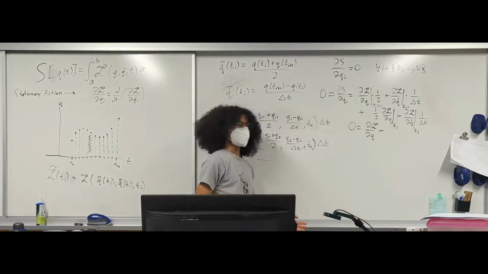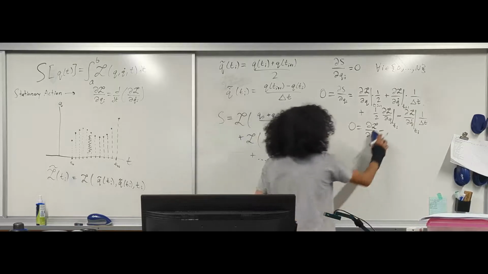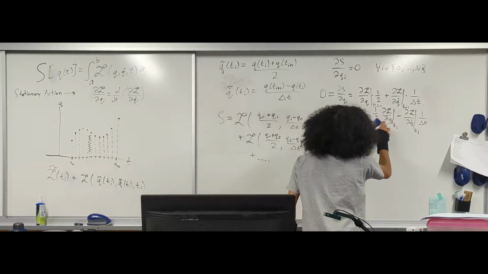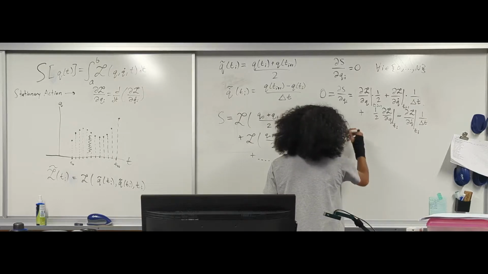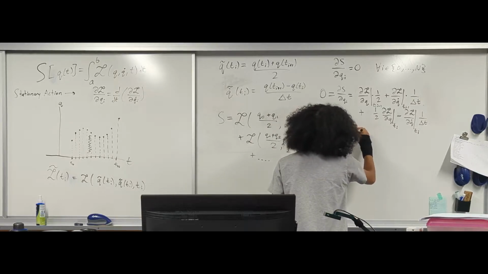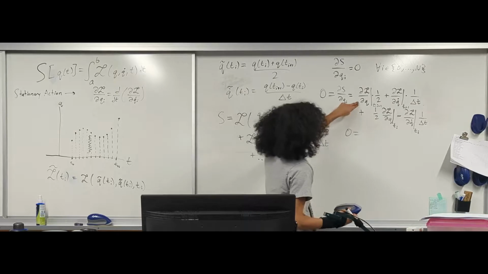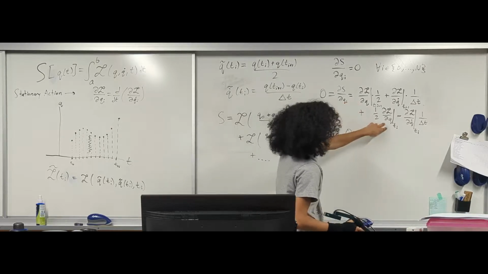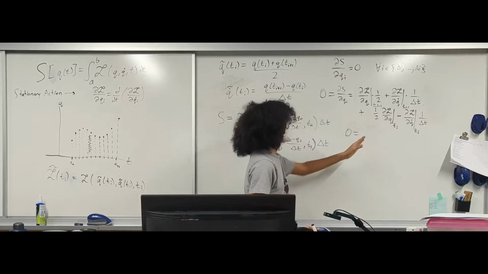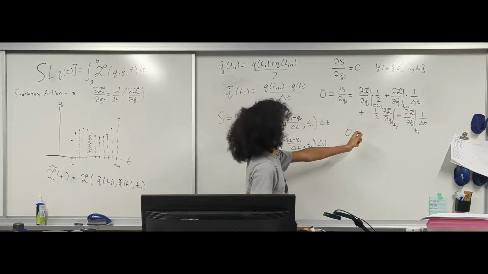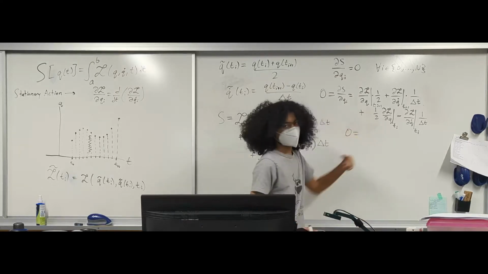I forgot to make that distinction, but it's only a little bit important because our equation now is 0 equals dL by dq here plus dL by dq here. And because the time intervals get so close to each other in the limit, these are essentially the same things.